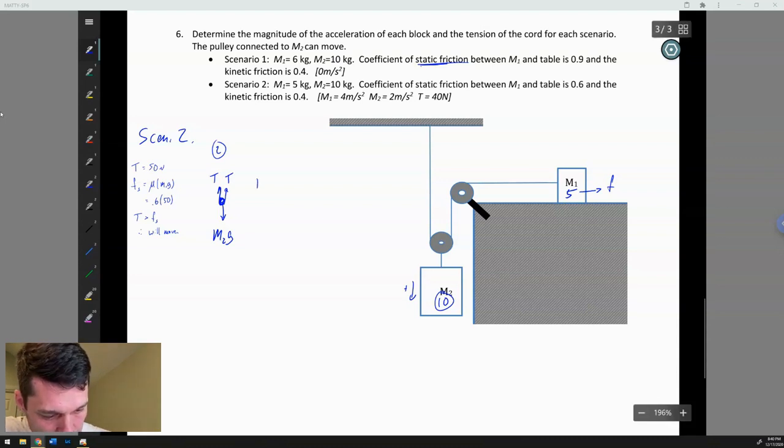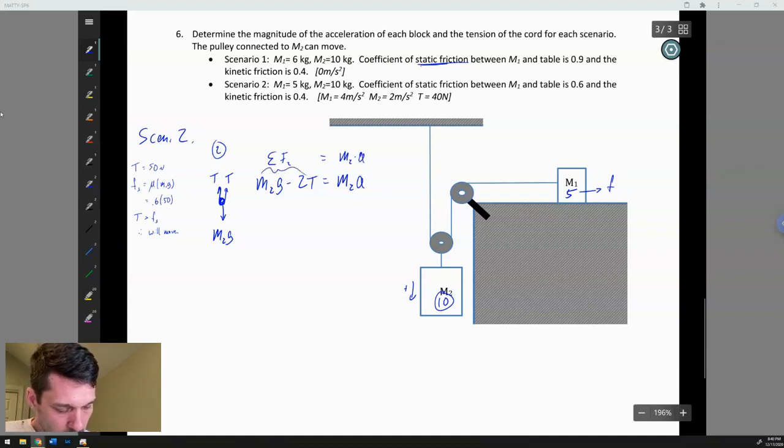That tells us that m2g minus 2T equals m2a. The sum of the forces on the second box equals mass 2 times acceleration.